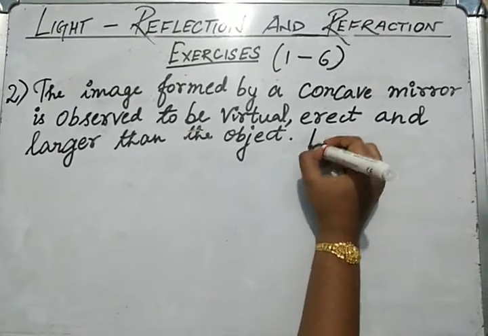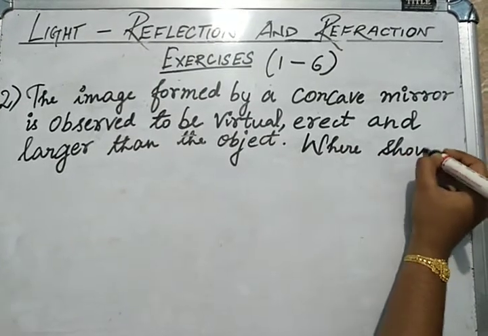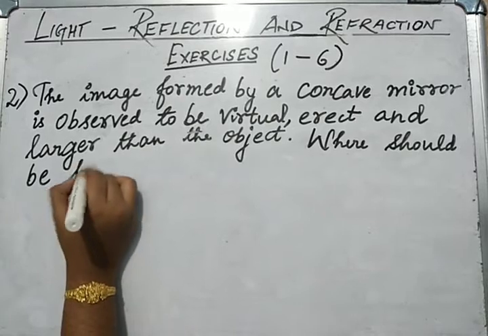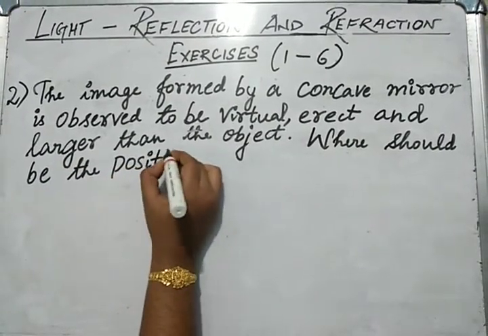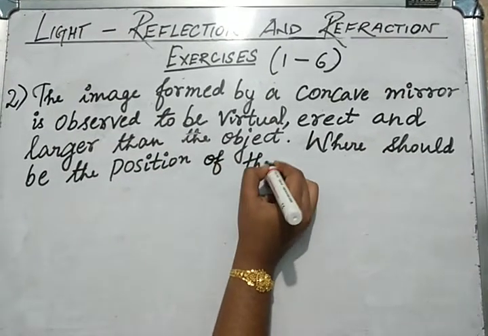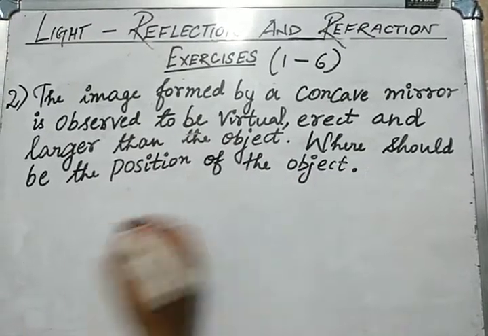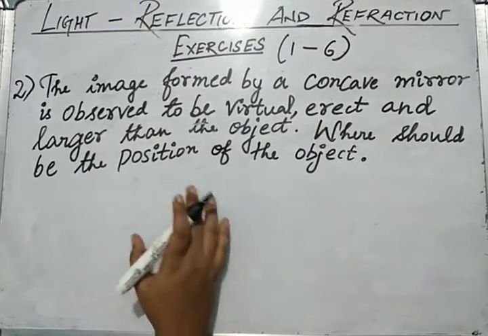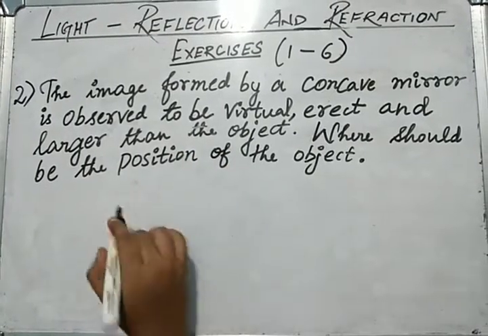Where should be the position of the object? So I hope for this you don't even need options. First I will just explain the question, then I'll move on to the options, then to the answer.